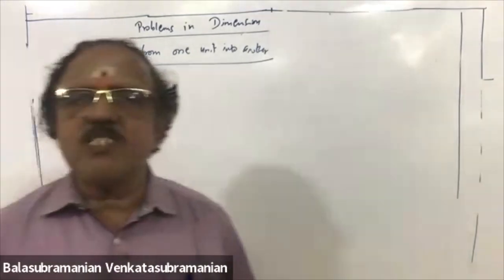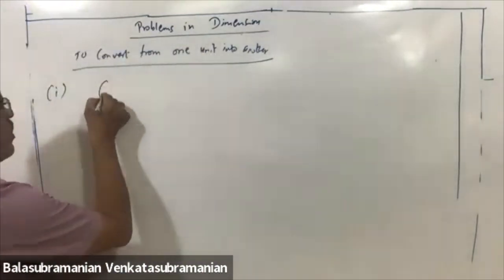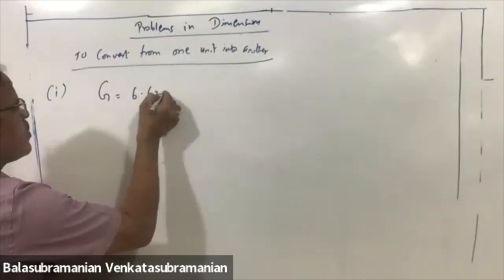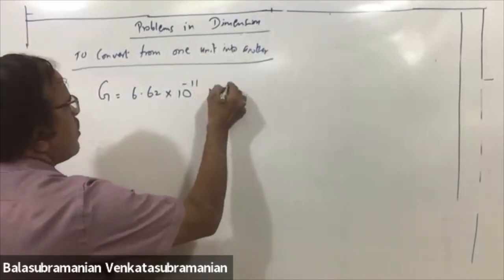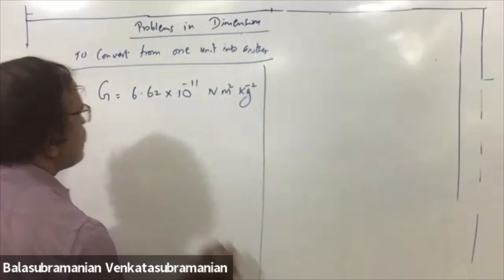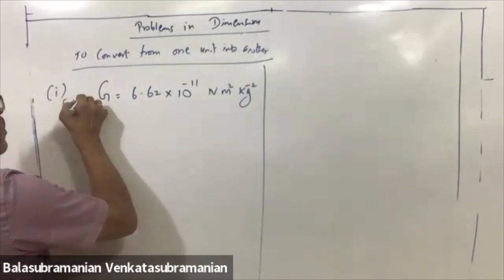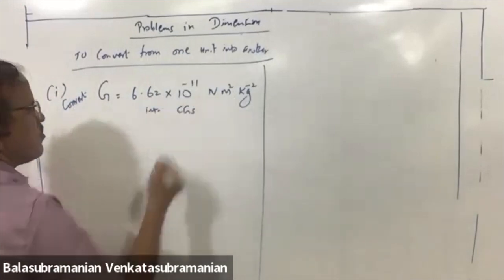SI to CGS we have to calculate. Given G is equal to 6.62 into 10 power minus 11 Newton meter square kilogram power minus 2. Convert into CGS system.